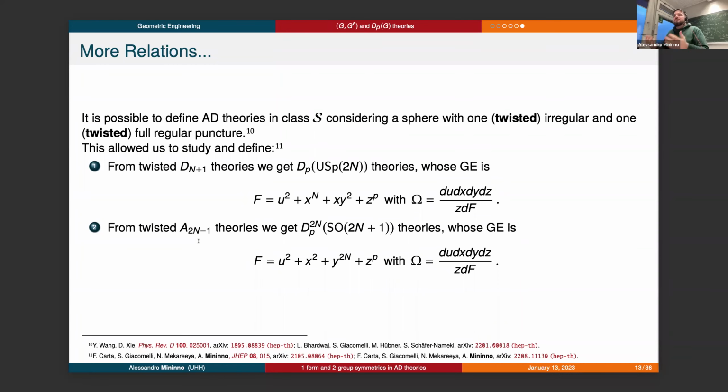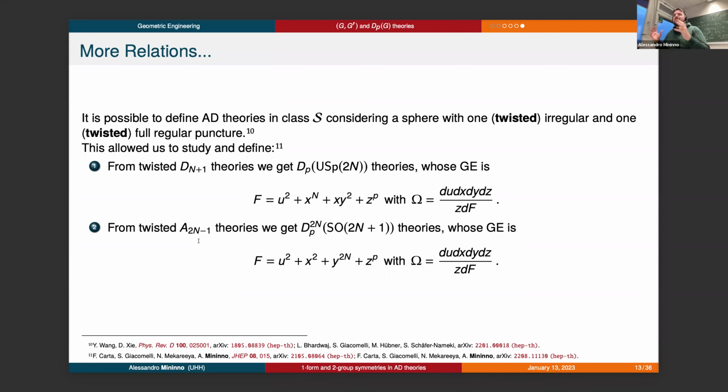And this allows us to study more general kinds of DPG theory, also for not simply laced groups, and also other kinds of isolated hypersurface singularity geometric engineering. And two examples are this twisted D_{n+1} theory and the D_p USp(2n) theory that we dubbed P USp(2n), and they will be among the main characters that we will have in the future when we discuss two-group theory.